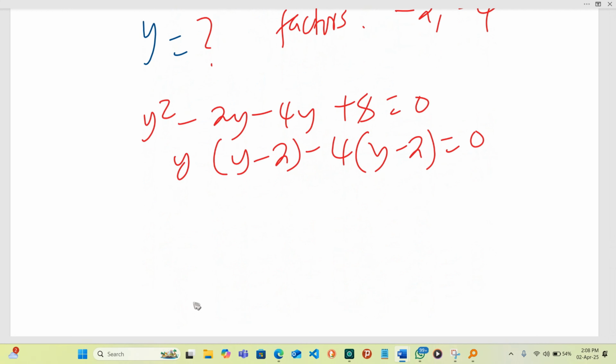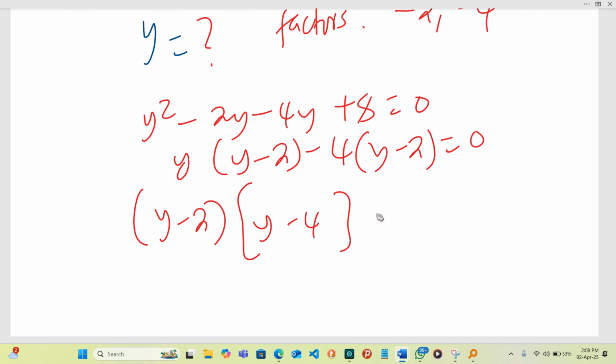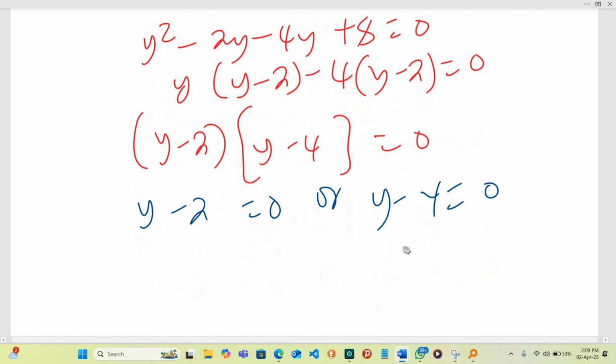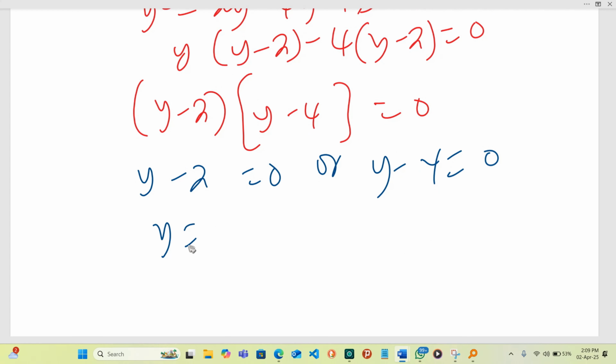So the most common here is y minus 2, so I move it out, and this becomes y minus 4, and this is 0. So either y minus 2 is equal to 0, or y minus 4 is equal to 0. What does that give us? Y is equal to 2 or y is equal to 4.